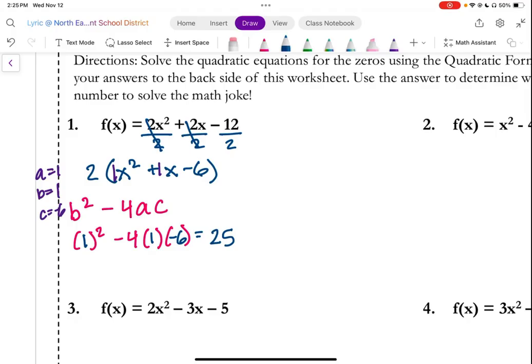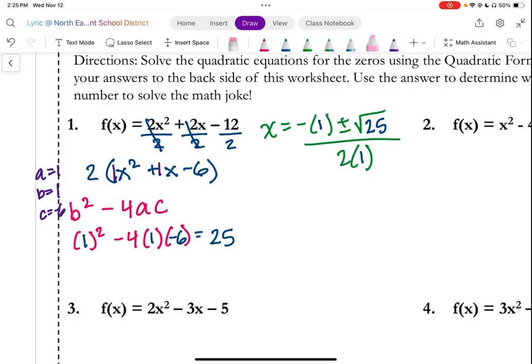And now we're ready to plug this back into our quadratic formula. So the quadratic formula says x equals -b plus or minus the square root of that number we're going to plug in all over 2a. So plugging in these numbers, b is 1, the number inside the discriminant is 25, and a is 1.